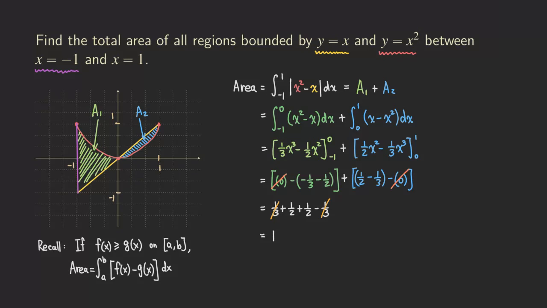Is that okay? So that's actually how you handle this kind of situation when you have more than one region, and when you're setting up the integral from some x value to another x value, and then for some portion of that interval, you have one curve that's above the other, and then for some portion of the interval, you have the curve that was at the bottom now going at the top, and that's how you handle this kind of situation.